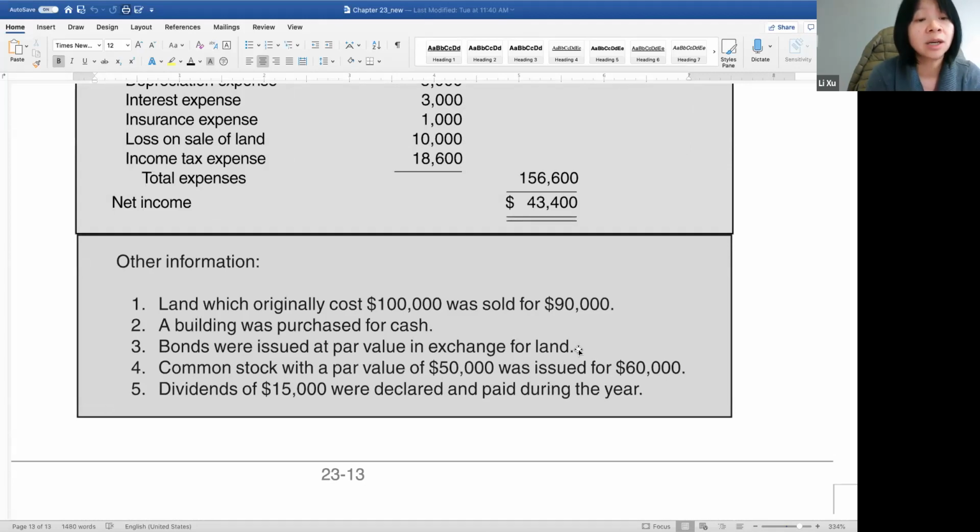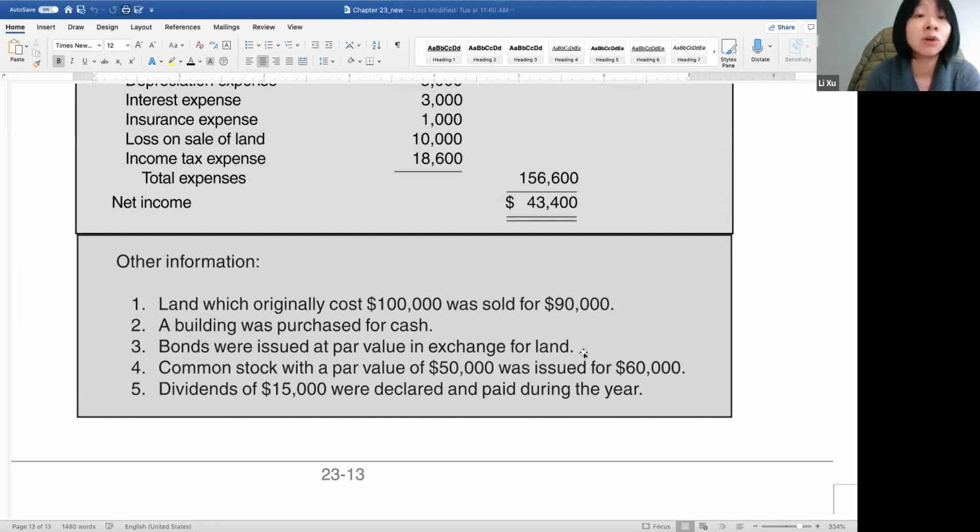Really, just use the transaction itself, because remember, for cash from investing and cash from financing, they're all direct method, which means we directly analyze the impact of the transaction on land. So here, two transactions. Transaction number one, when it is sold, you know it's going to increase cash by 90,000. Okay, so that's how much should go to the cash from investing activity. The third transaction, even though this is a land transaction, the bond was issued in exchange for land.